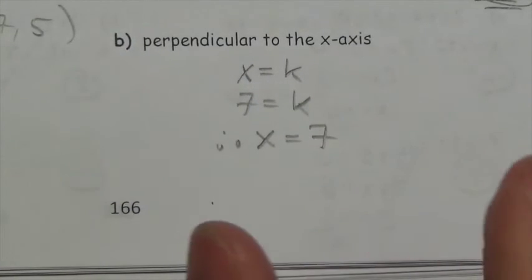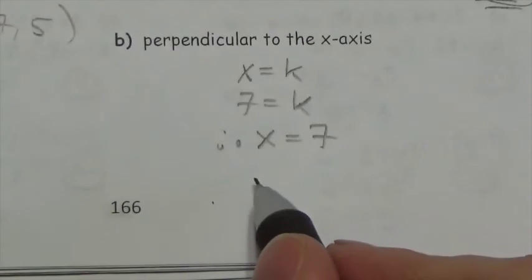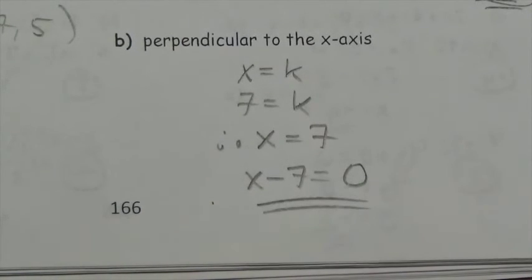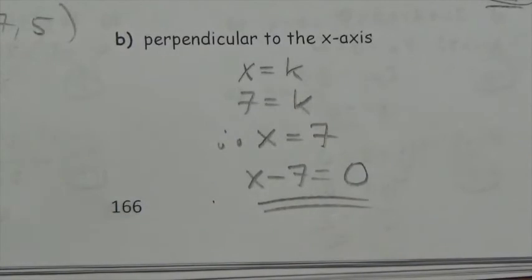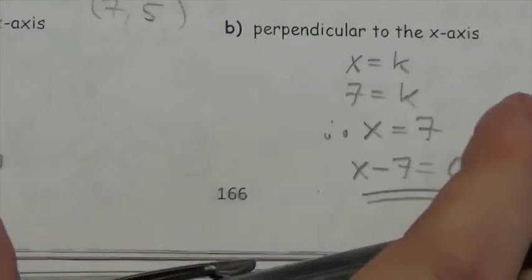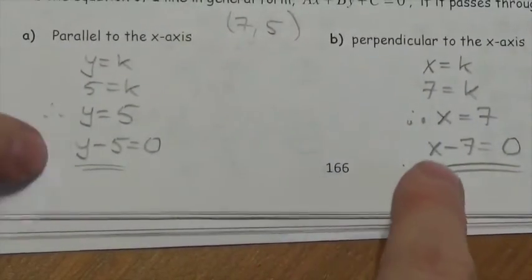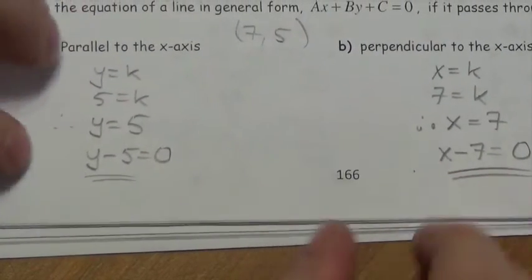And now, to put this into that general form, I bring this over so it's equal to 0, and I get x minus 7 is equal to 0. And this is the equation of a vertical line in general form. And like this form, when we start talking about vertical and horizontal lines, this form of the equation is way more useful for those kind of lines.